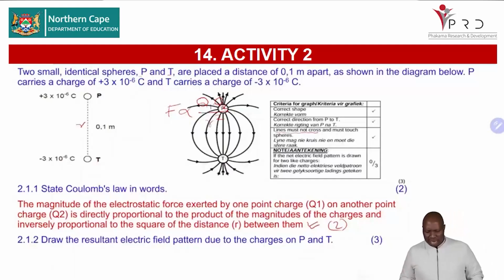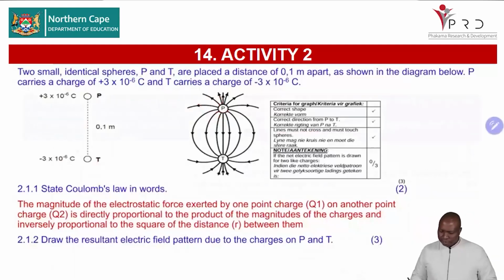You can't draw the lines and then they stop somewhere, or your lines cross one another. So take care. This is 3 marks, 1% of your final exam mark if you get a question like this one. So please draw it and collect the entire 3 marks, and then we are able to move forward.